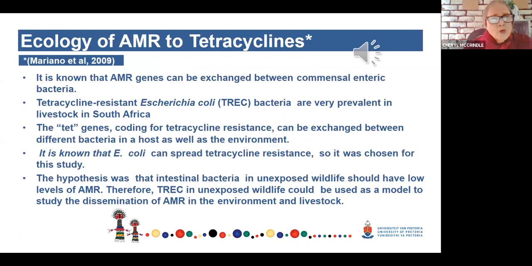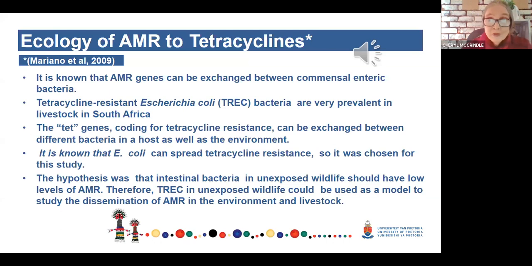So more recently, there have been a lot of publications about the ecology of antimicrobial resistant genes. But we did this work in 2009, which is 11 years ago. And we knew already at that stage that tetracycline-resistant Escherichia coli or Trich bacteria were very prevalent in livestock.